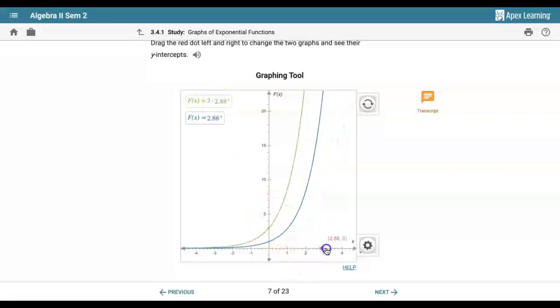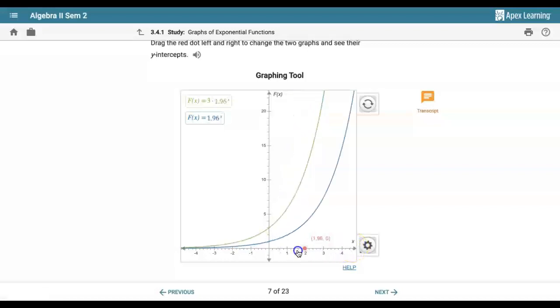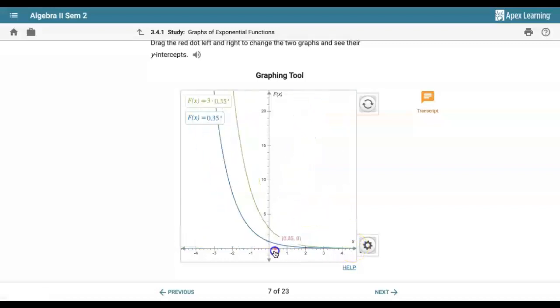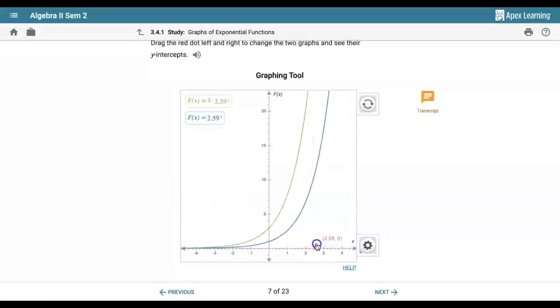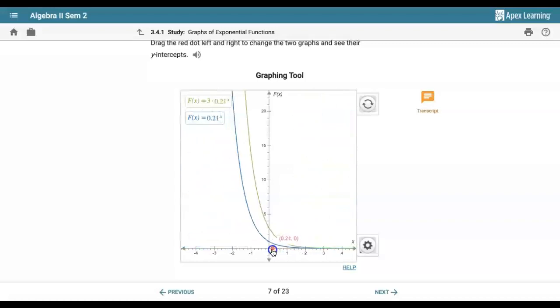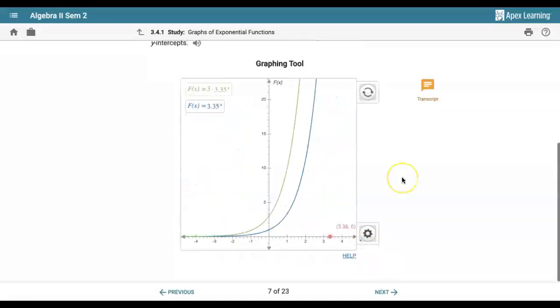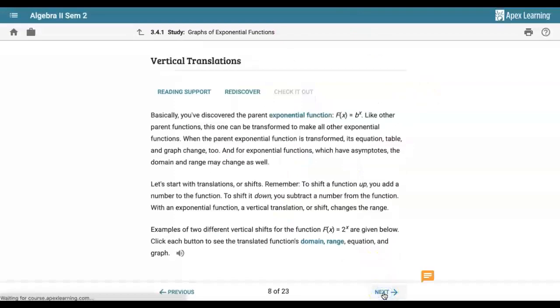And that trend is going to hold true for the different values, the values that are less than 1 and the values that are greater than 1. It's going to hold true for both of those. Believe me or not, you can always plug them in and check for yourself too. But that's the major difference when we start adding a constant value out in front: we change those 2 points.